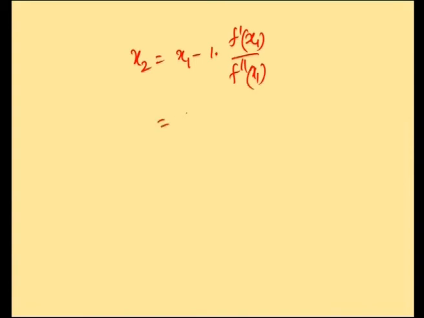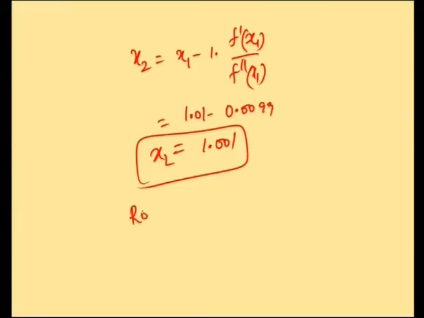This gives you 1.01 minus 0.0099, and this answer is also 1.001. So x2 in both formats is the same, therefore we conclude that the root is 1.001.